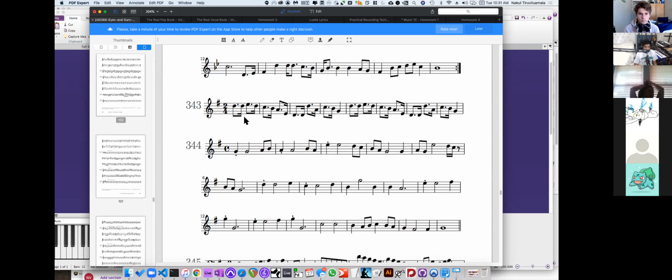So let's see. We're going to start with this example. So what key are we in this example? G major.